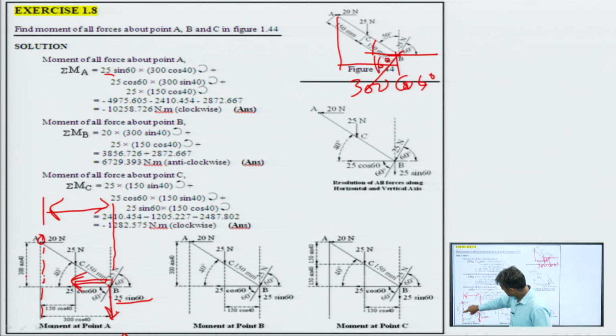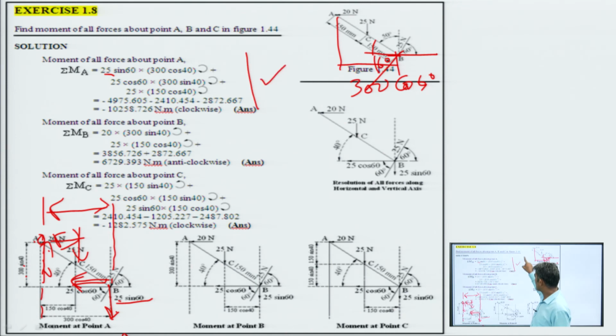It will be this, and this distance is 300 sin 40. Similarly, this force is acting at this point, so the perpendicular distance will be 0. Another force is acting here, so the perpendicular distance will be this. So, by algebraic sum we can calculate the value.